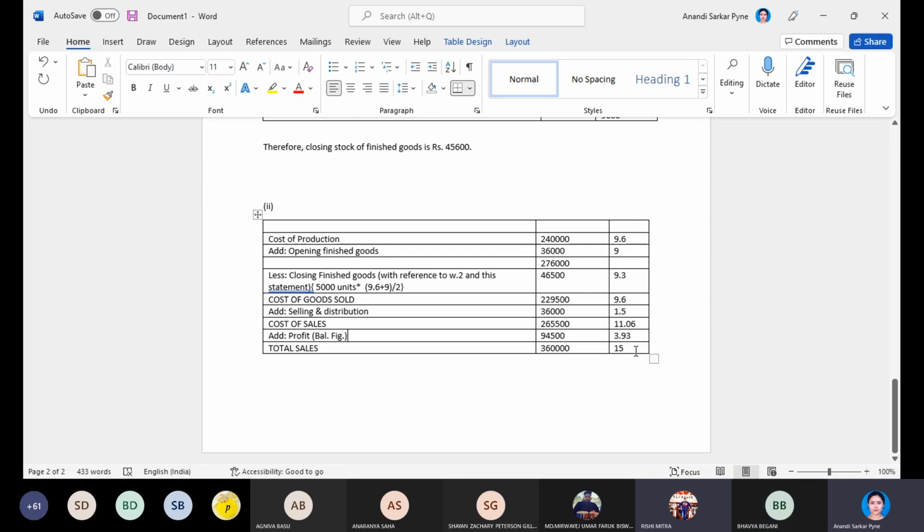Ma'am, now see, there is a difference. If we add 9.6 plus 1.5, it will come to 11.1. But we took 11.06.